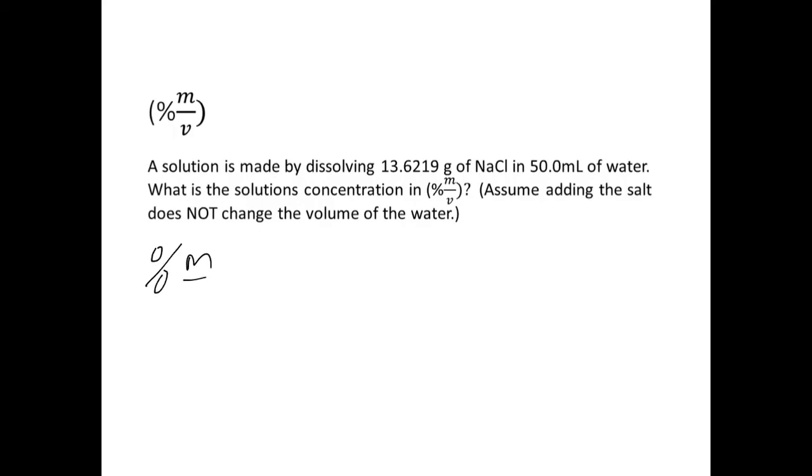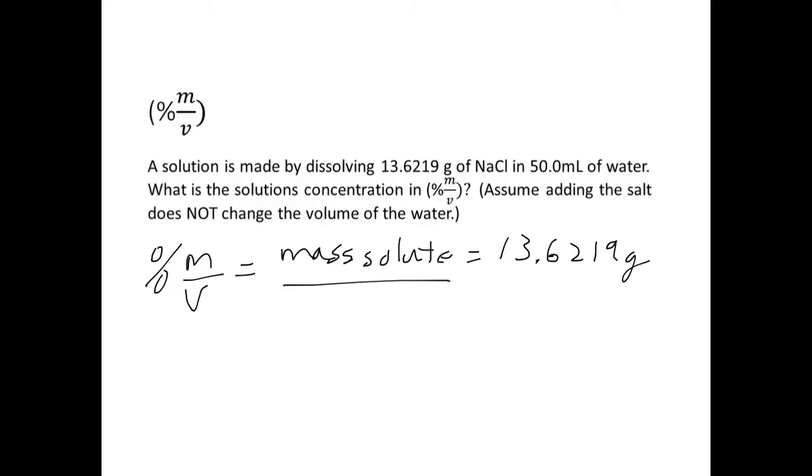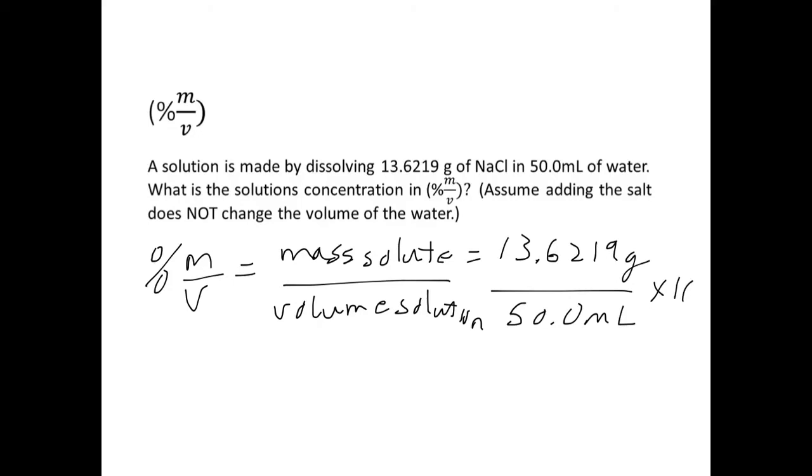Percent mass volume is mass of solute, in this case our 13.621 grams of sodium chloride, divided by the volume of our solution, times 100.